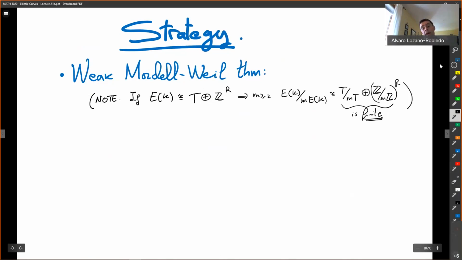So if we have finite generation, then we have a finite group, right? So the weak Mordell-Weil theorem is going to prove that E mod M is finite.